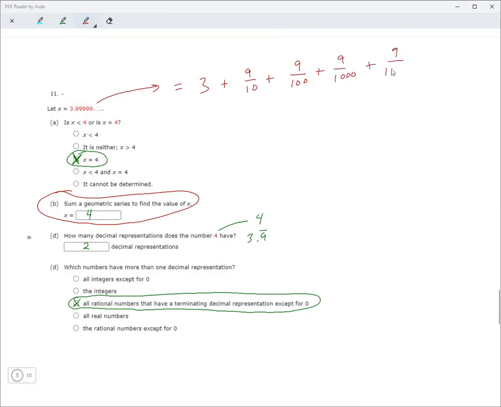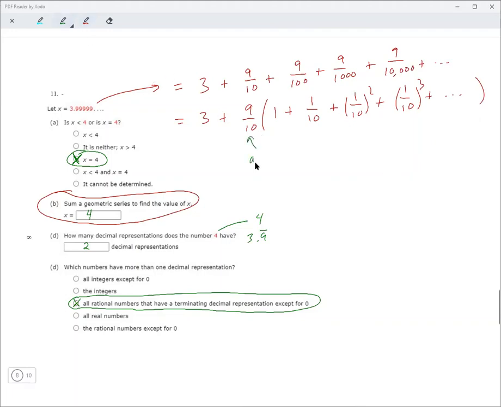And then 9 over 10,000, and so on. Okay. Now, I'm going to write a 3. This part right here is the start of a geometric series. So I factor a 9/10 out, and I have 1 plus 1/10 plus 1/10 squared plus 1/10 cubed, and so on.